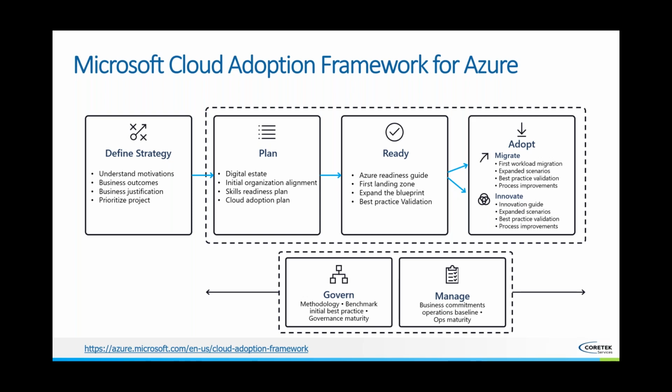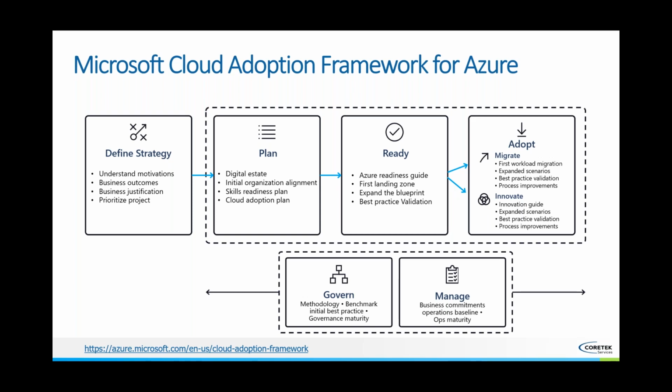Once you have your landing zone actually built and ready to deploy infrastructure, applications and data to it, you can go into the adopt phase. For purposes of today's conversation, we're really talking about a data center migration.